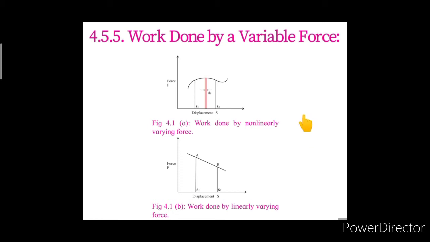We need to calculate the work done by this force during the displacement from S1 to S2. As the force is variable, you can see the value of the force changes when the displacement goes from S1 to S2.